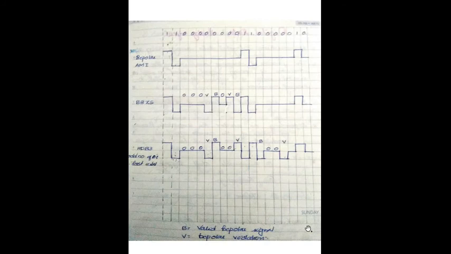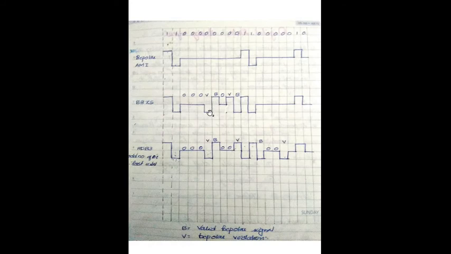You can see that the 0 0 0 minus is a violation. How does it become a violation? Because the previous one was negative, so after the zeros it has to become a positive signal, but it becomes a negative signal.